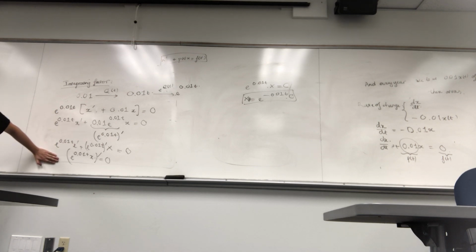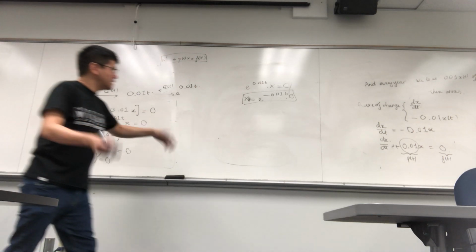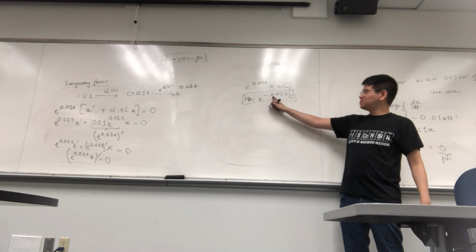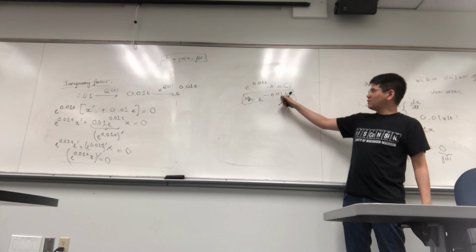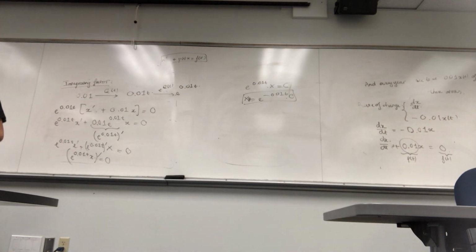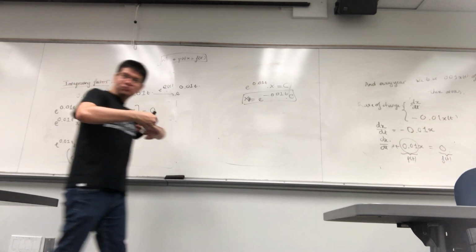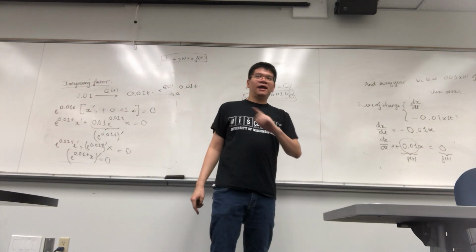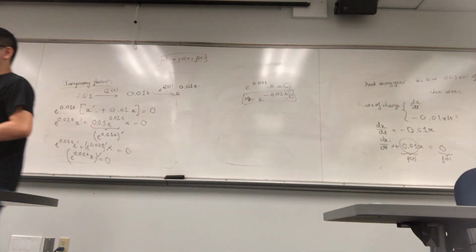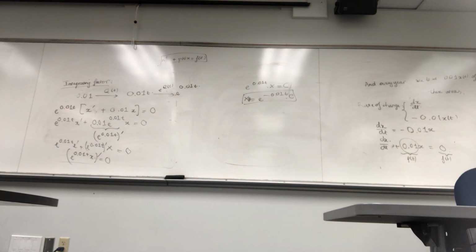This derivative is 0, which means that it has to be constant, right? So x(t) will be e to the power minus 0.01t times c. Questions? It's clear. So in this case, the solution is decaying, and in the other case, the solution is growing. So there are two different situations, but the way we solve it is the same.